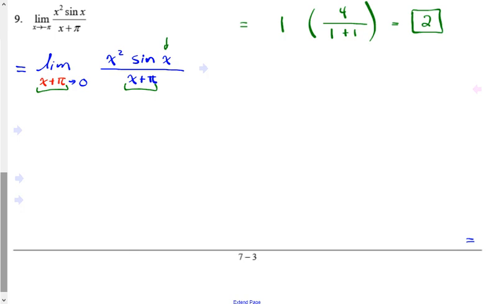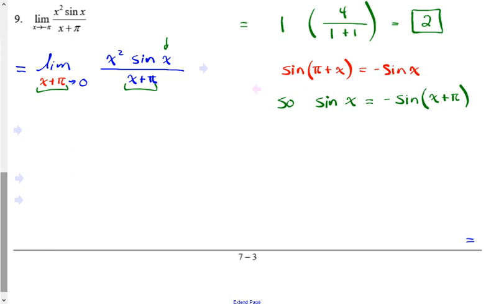And if you look at those trig identities on your formula sheet, and you look at the related angle identities, you will find this identity, that the sine of pi plus x is equal to negative sine x. So if I rearrange that, I can discover that sine x is equal to the negative of sine of x plus pi.